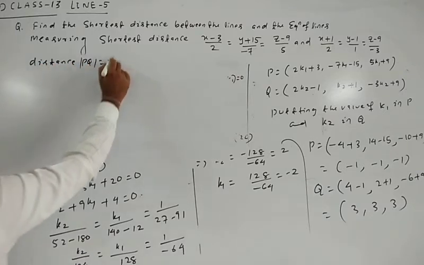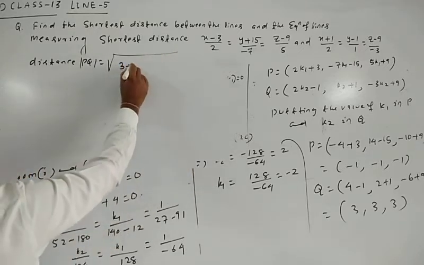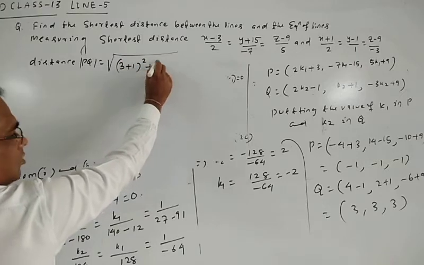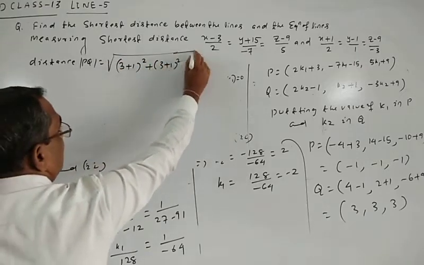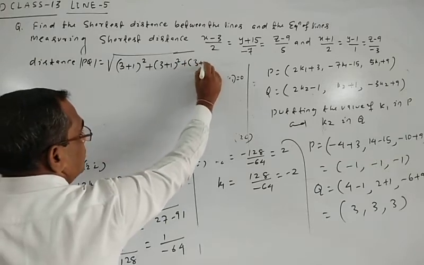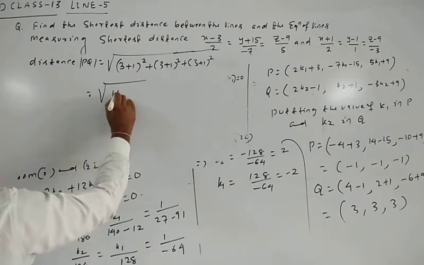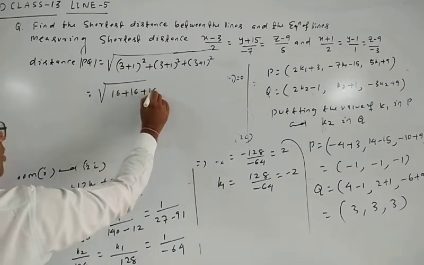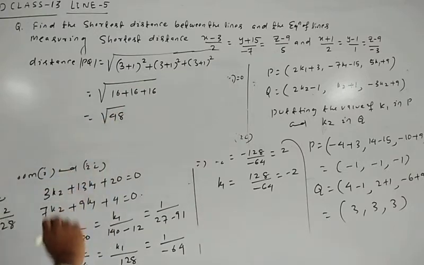PQ equal to root of 3 minus 1, 3 plus 1 to square, plus 3 minus 1 minus 1, 3 plus 1 to square, and this is also 3 plus 1 to whole square. So this is 4 square 16 plus 16 plus 16. So this is equal to 48.